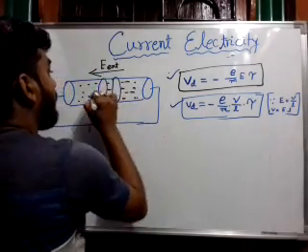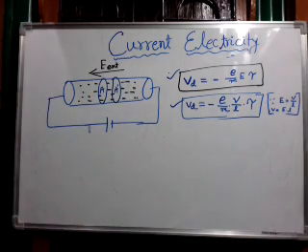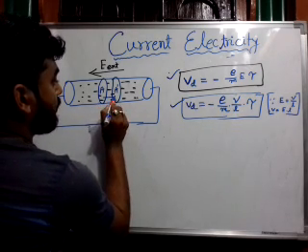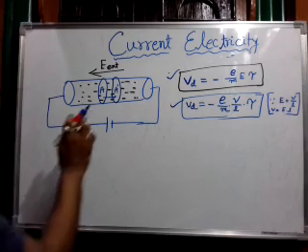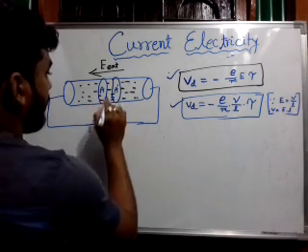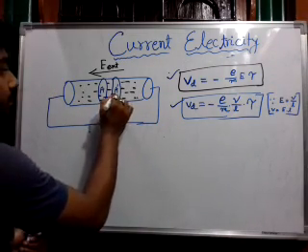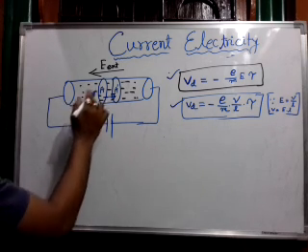We consider two regions. This is A and this is A dash. In time t, the electron drifts from A to A dash.